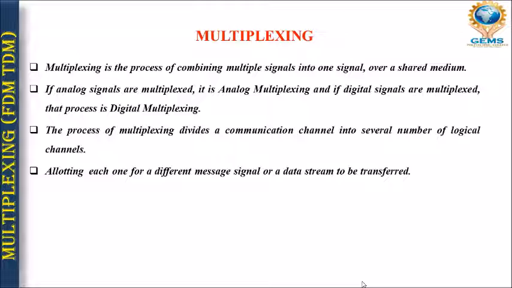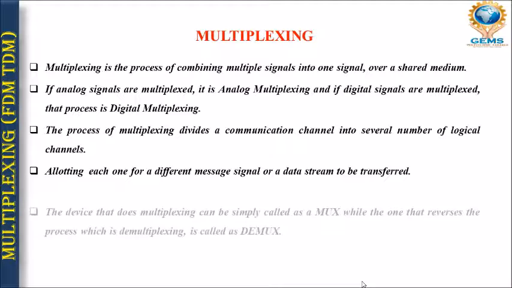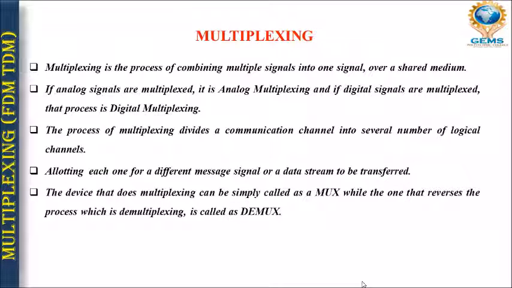That means we are providing different types of input signal for the different message signal. The device which does multiplexing is known as MUX. MUX means multiplexer, right? Multiplexer is also known as MUX in short, and the device which is used for demultiplexing is known as DMUX or demultiplexer.